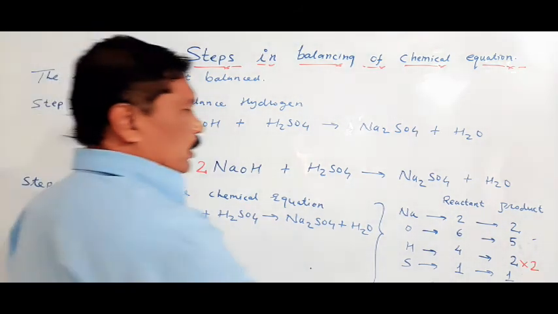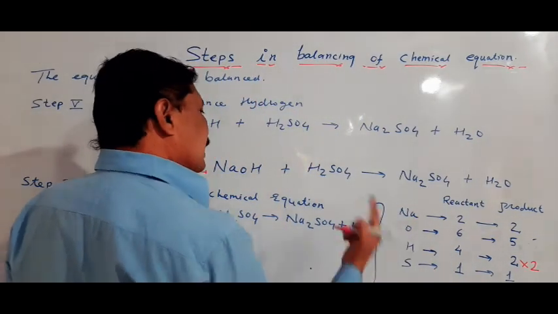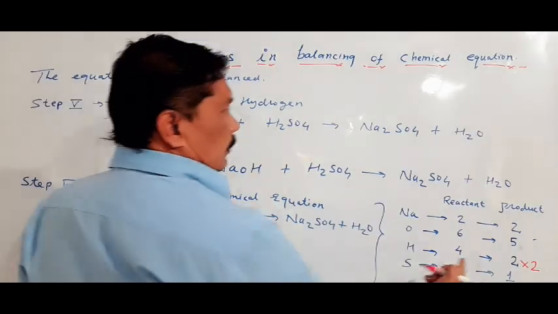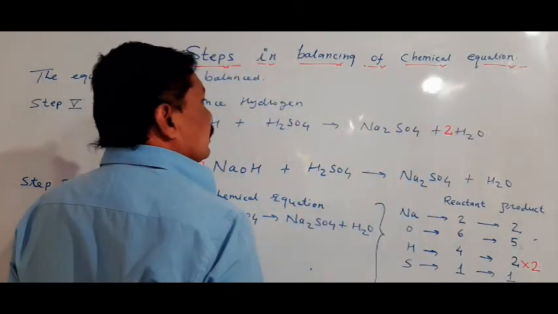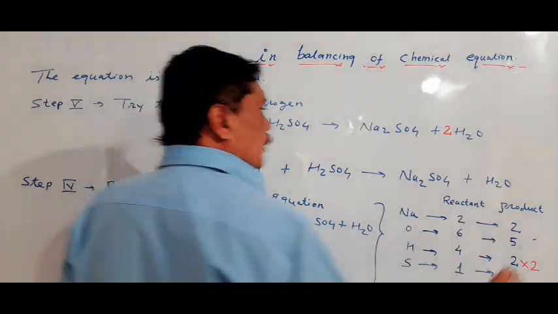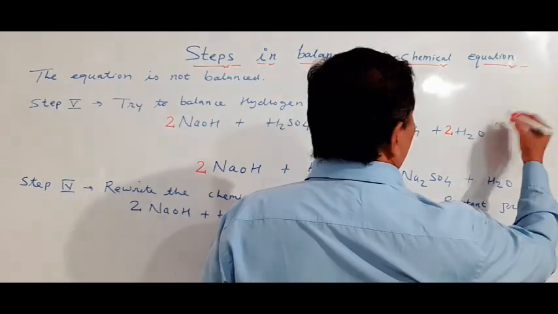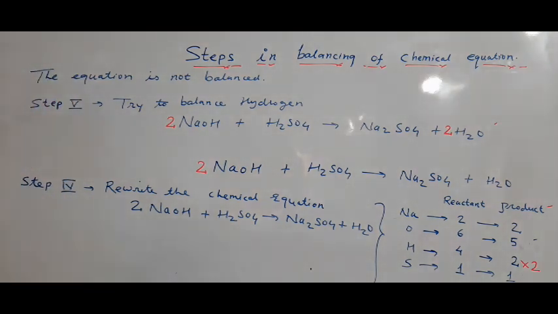So in order to balance the equation, let's balance hydrogen. We have to put 2 in front of water molecule in the product. Now let's see whether the equation is balanced or not.